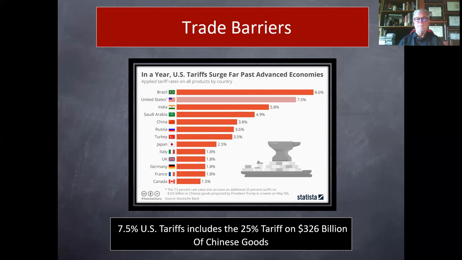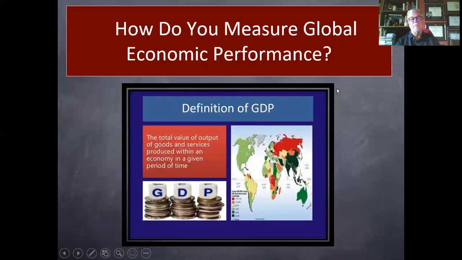And also they're burdened with tremendous COVID growth there. And a president, Bolsonaro, that'll probably be on the way out soon. But the United States is at 7.5%. This is not the original idea. But the 7.5% includes the 25% tariff on $326 billion of Chinese goods. So you can see the impact of tariffs. It can be good or bad, used in a number of different ways.